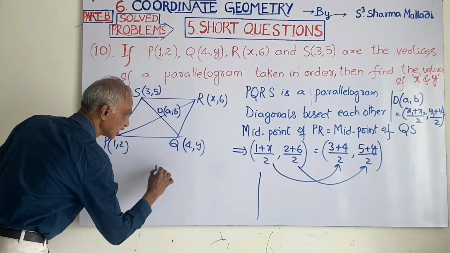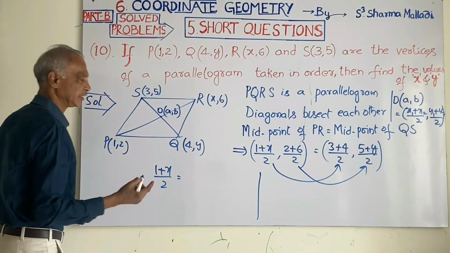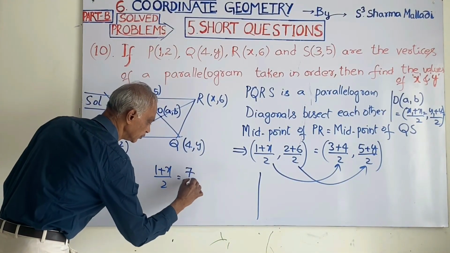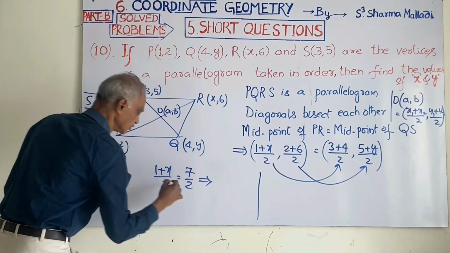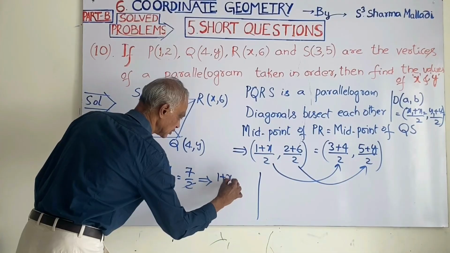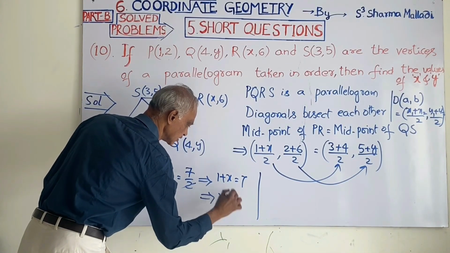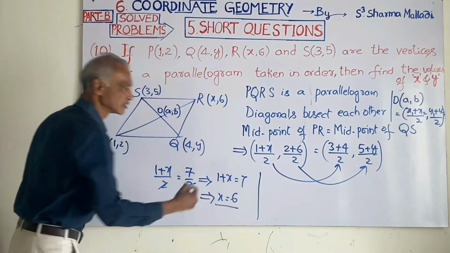(1 plus x) by 2 is equal to (3 plus 4) by 2, which is 7 by 2. The 2 cancels. 1 plus x is equal to 7, so x is 7 minus 1, that is 6.